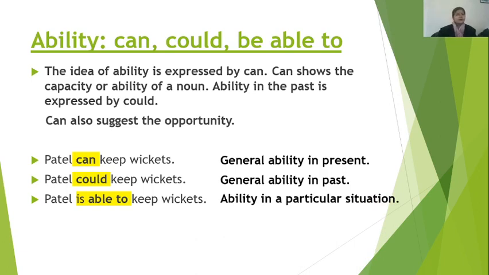What is this particular situation? Particular situation means the thing that is normally not applicable, but in a particular situation, due to some circumstances or exceptions, it fits. Suppose a child is weak in maths.